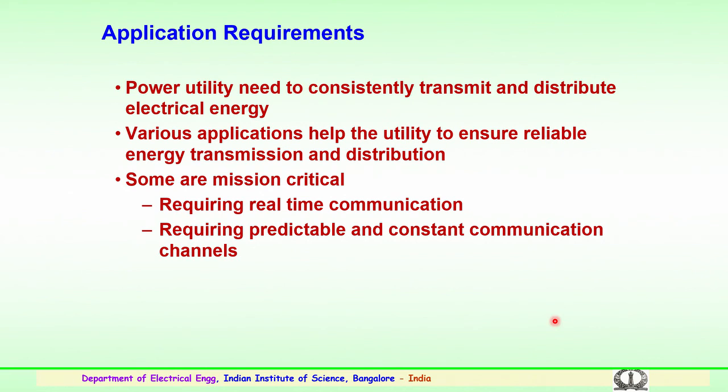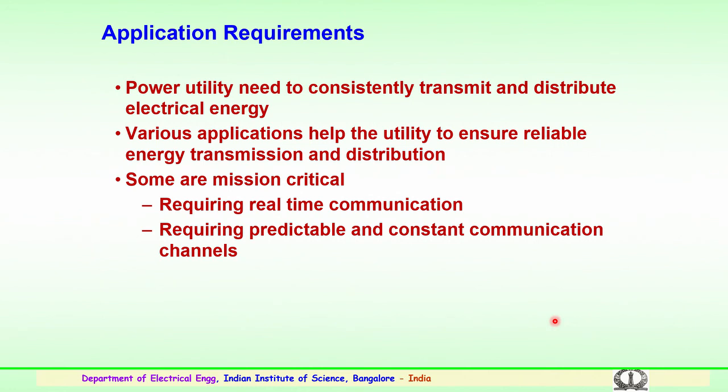information. The main application requirements of the power utility, first of all, are to consistently transmit and distribute the electrical energy in the best possible way. The second is the various applications which will be helpful for the utility, particularly to ensure reliable energy transmission and distribution, a very important aspect.